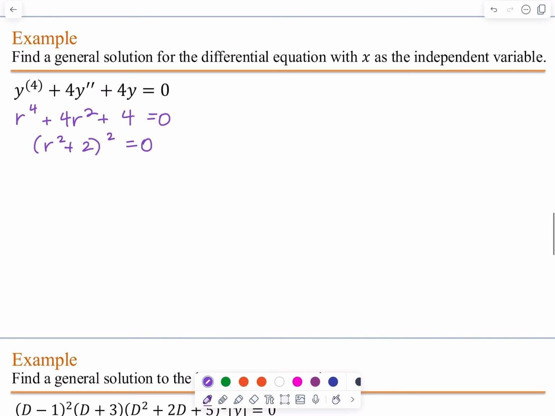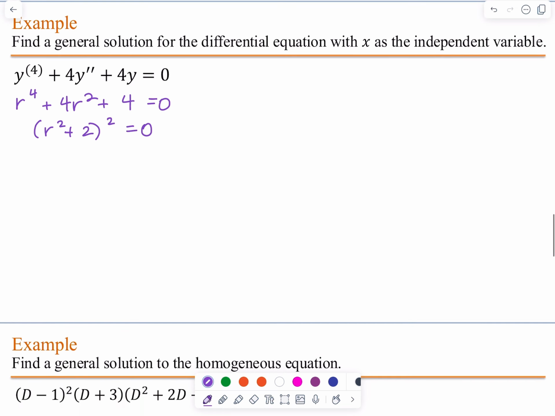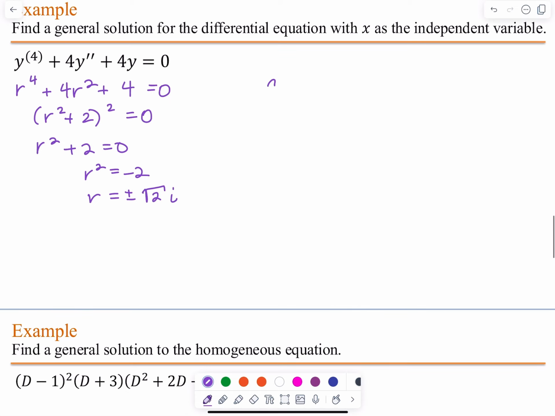So we have double roots here. So we have r squared plus 2 is equal to 0. So we have r equals plus or minus square root of 2 i. Okay, and so now we have a general solution.